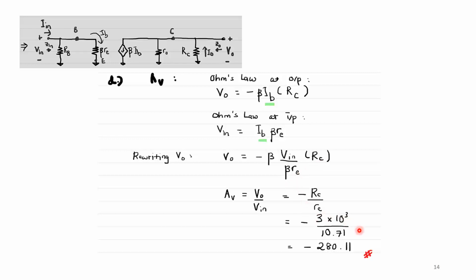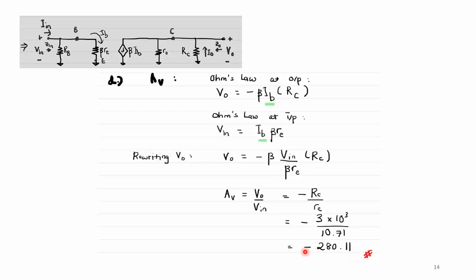This is 3 kilo ohm divided by RE, which is 10.71, not beta RE anymore, but RE, and the value is going to be negative 280.11.